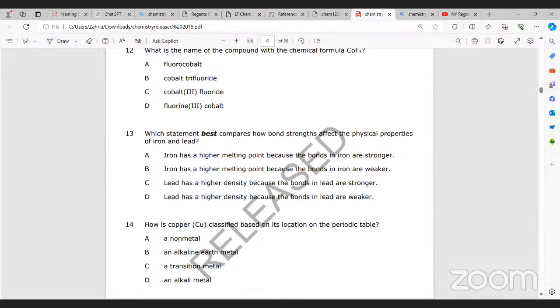Let's see here. Okay, so I tell you what I'm going to do. I'm going to pull a stoichiometry question because that's pretty much what it is. Let me go ahead and pull one up for you guys.